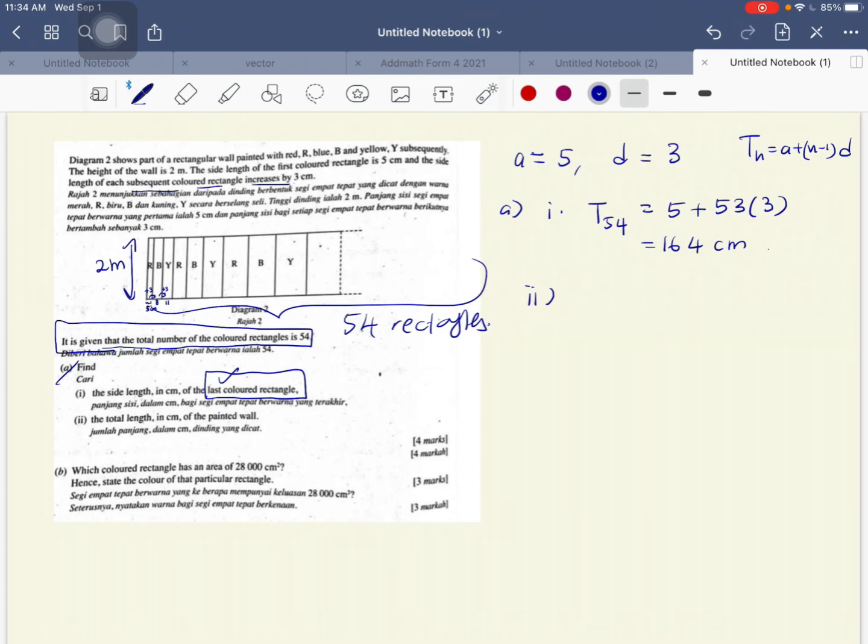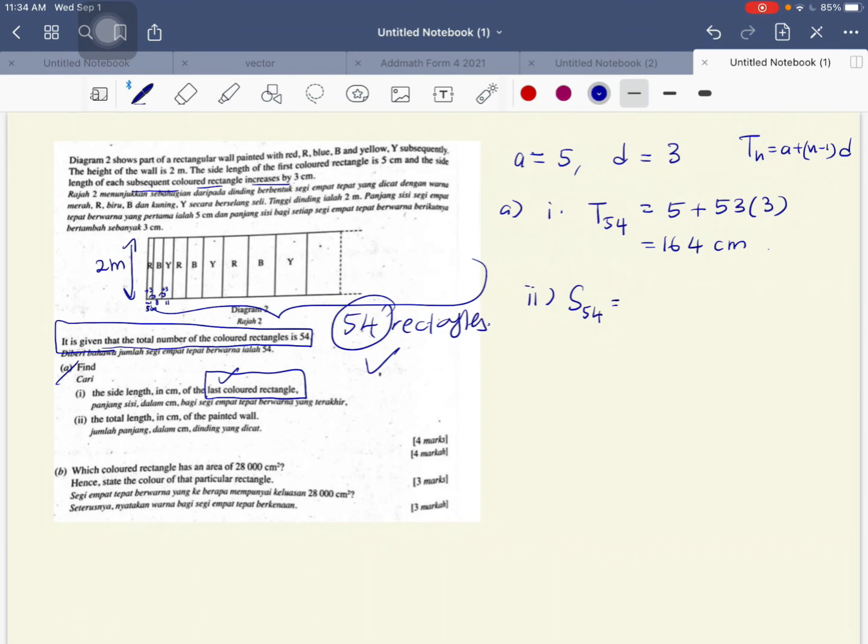Okay, so number 2, the total length in cm of the painted wall. So we have 54 rectangles altogether. If we want to find the total length in cm of the painted wall, we just need to add all the side lengths of the colored rectangles.